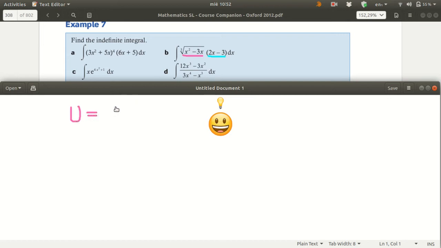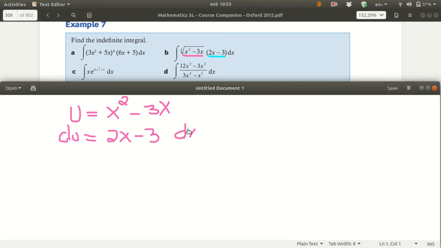So we can set u equal to x squared minus 3x. And that means the differential of u is going to be (2x minus 3) dx, so we're finding the derivative and then dx. Now we can substitute it into our integral.